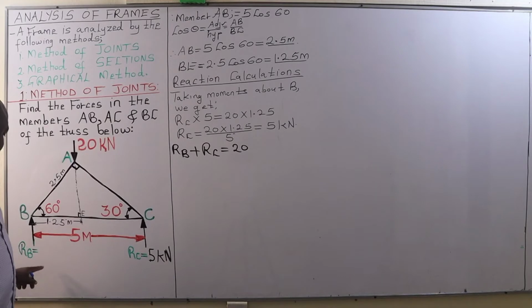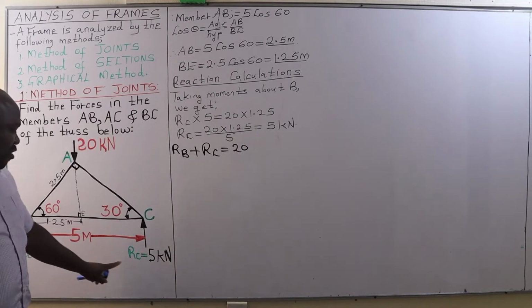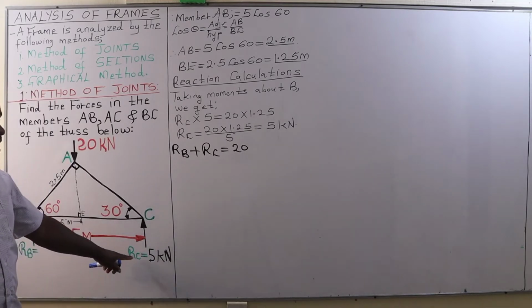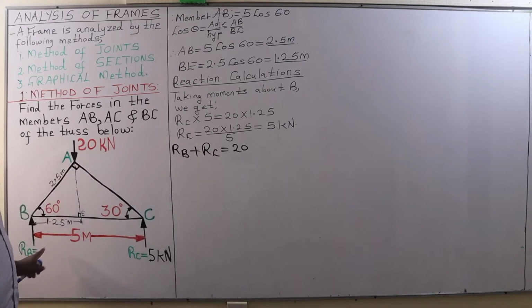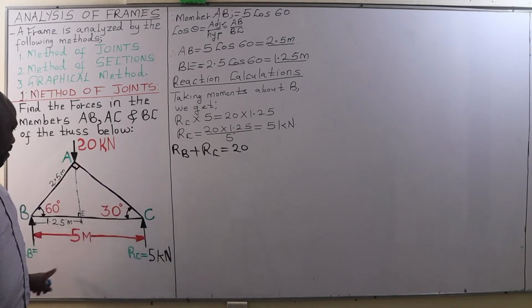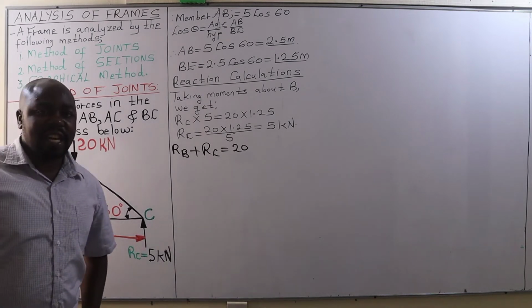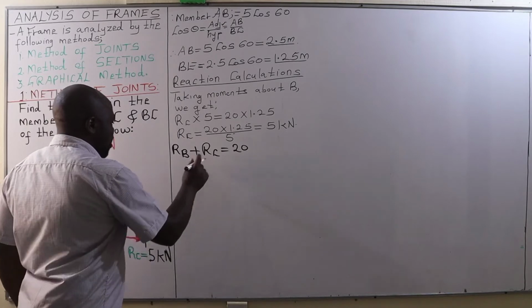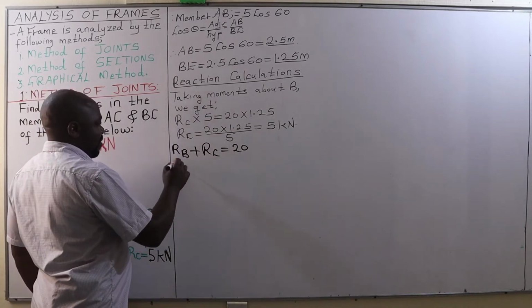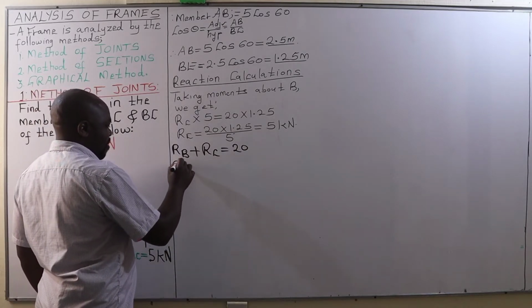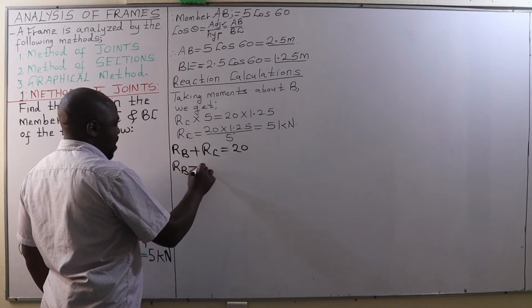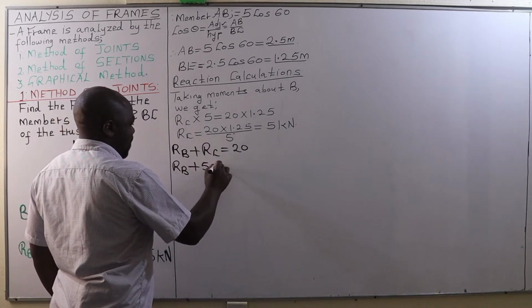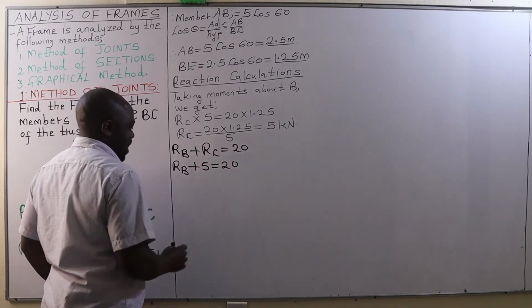That means that when you add RB to RC, you are going to get 20. Therefore, RB and RC are upward forces, and the load of 20 kilonewtons at A is a downward acting force. We already have the value of RC, which is 5 kilonewtons, so RB plus 5 is equal to 20.